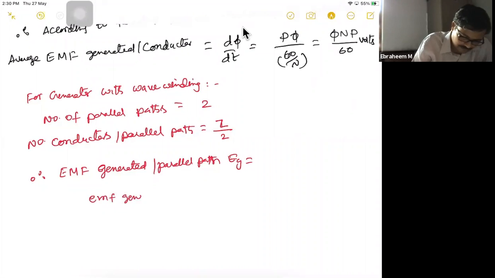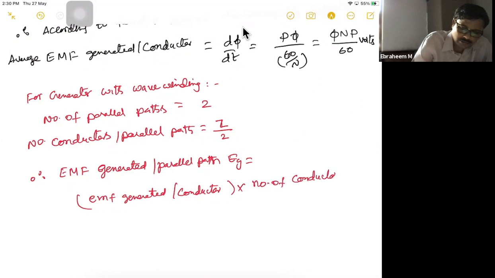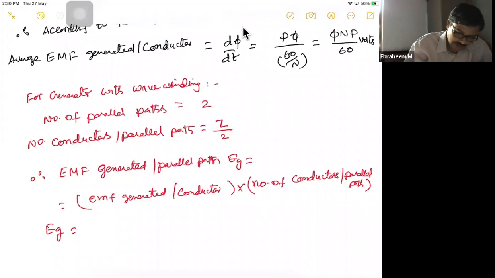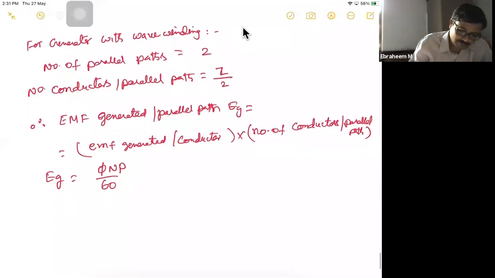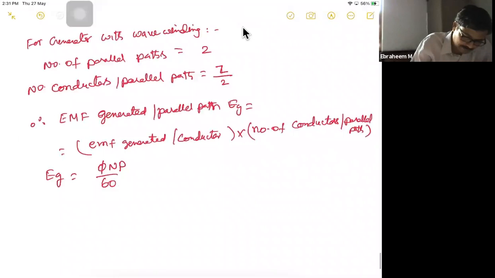EG is equal to phi np by 60, multiplied by Z by 2.